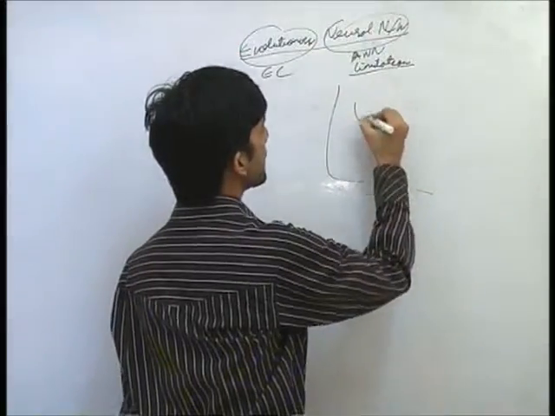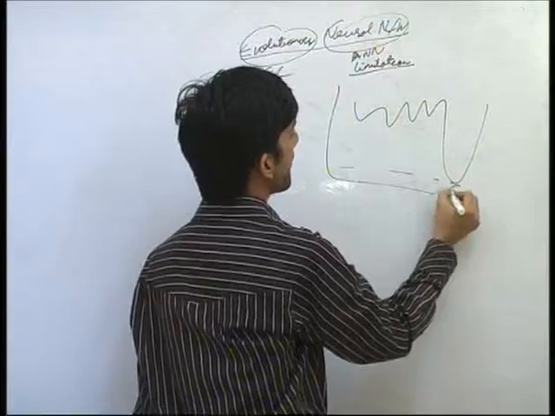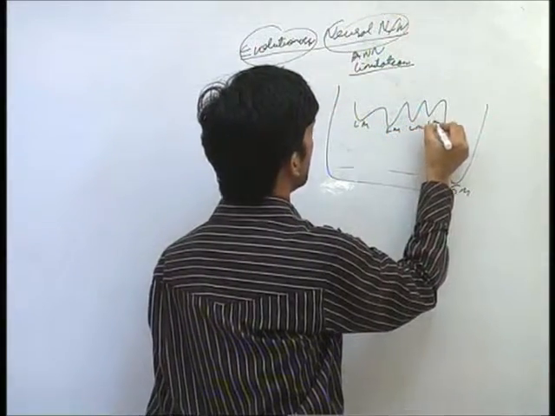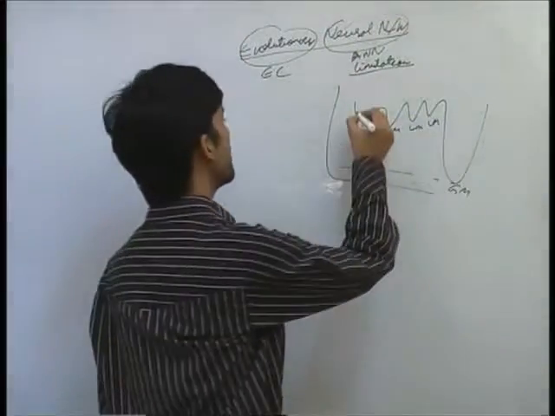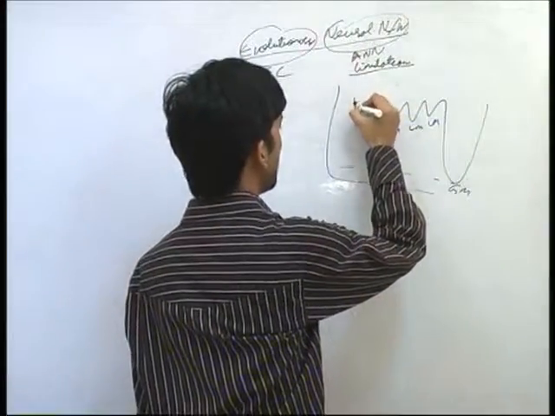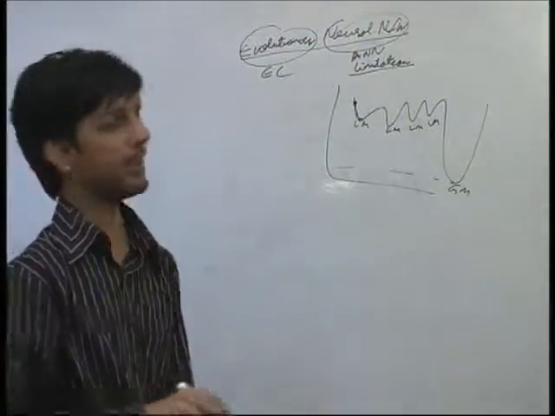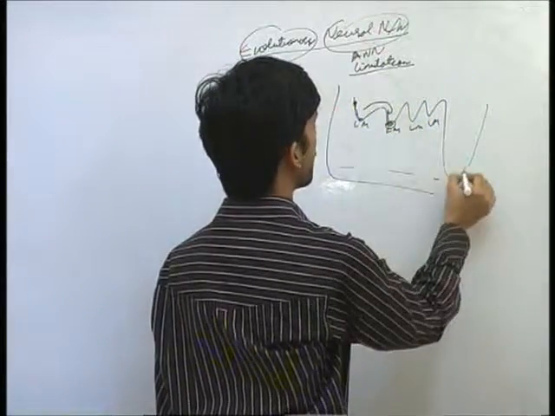So if the problem was something like this, this is my global minima, this was all my local minima, and hence if my neural network is anywhere here, it is likely to get stuck here. Even if momentum drives it somewhere around here, it's likely to get stuck over here, it will not reach over here.